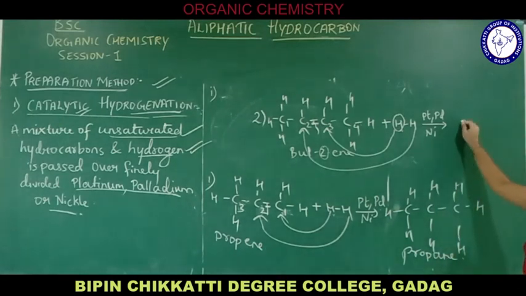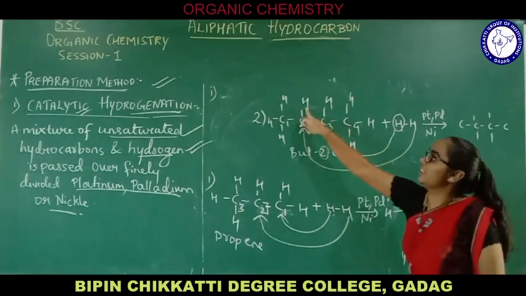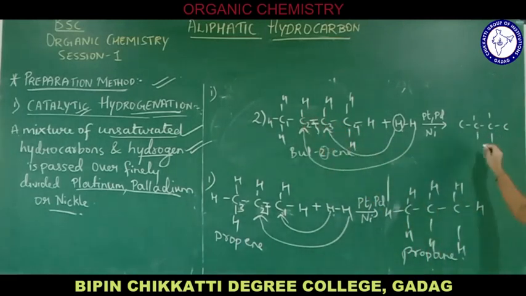So after the bond is broken, let's write down 4 carbons. Between carbon number 2 and carbon number 3, initially only 1 hydrogen each was there, but the remaining 2 hydrogens will come from the hydrogen gas. So just balance it by writing the remaining hydrogens.